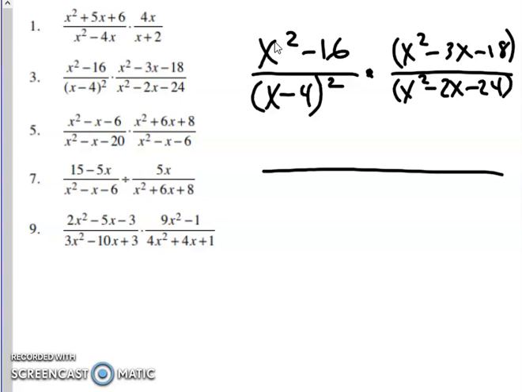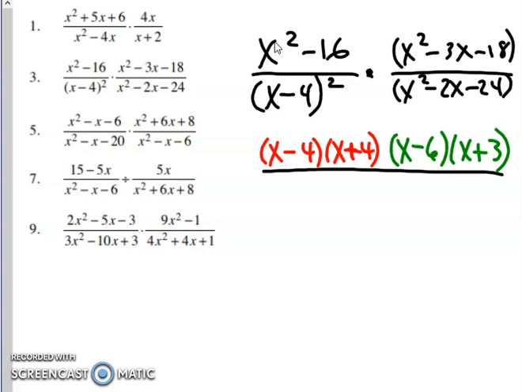All right, so for the first factor, x squared minus 16, it breaks down into 2 factors. It's a conjugate, so it's x minus 4, x plus 4. And then for the second one of x squared minus 3x minus 18, that would break down to x minus 6 and x plus 3.